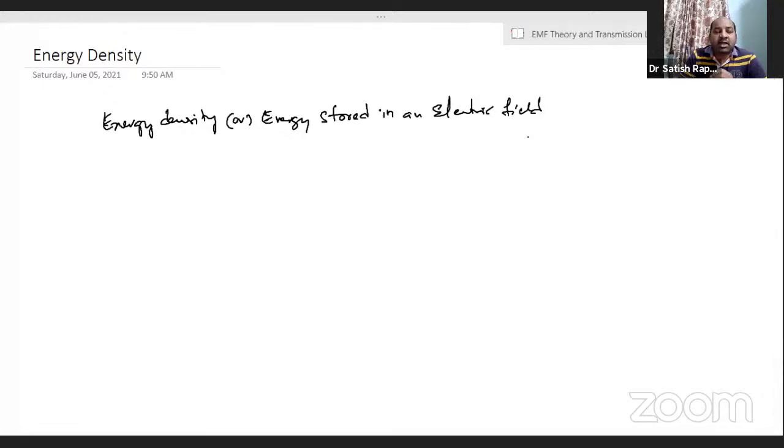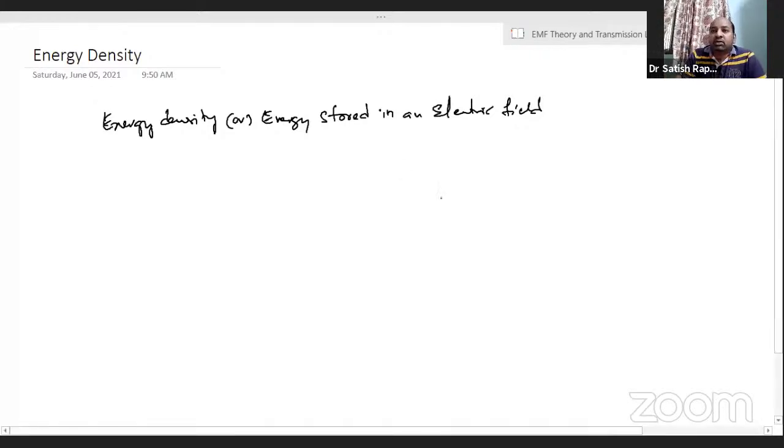How much energy the electric field stores and how much energy the magnetic field stores, if we add those two, we will get the total energy stored in an EM wave, or the total energy that can be carried by an EM wave. So in this chapter, we will determine the energy carried by the electric field, and in the next chapter, we will determine the energy carried by the magnetic field.